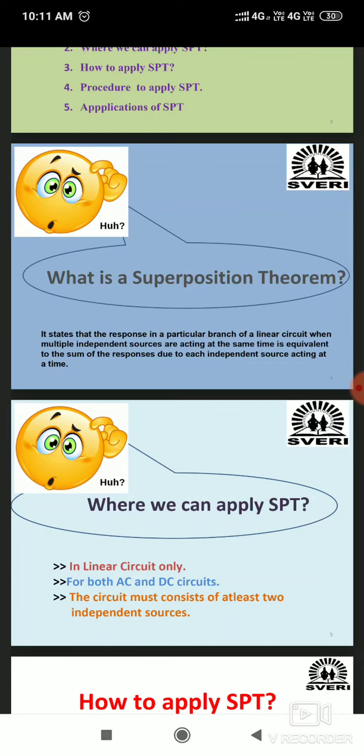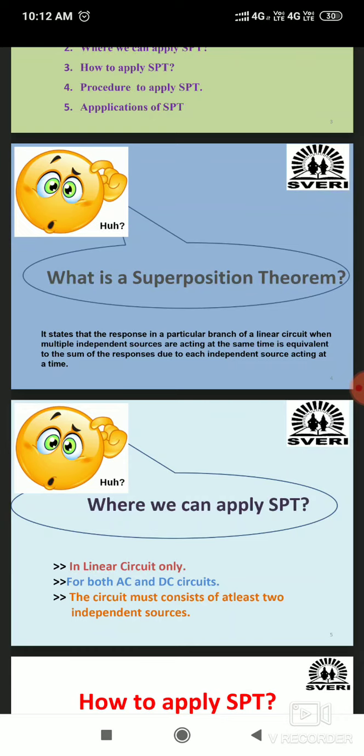So the first statement is there in a linear circuit. Now my sentence, everyone note down instead of this one. In a linear circuit consisting of two or more independent sources. In a linear circuit, the word is important.